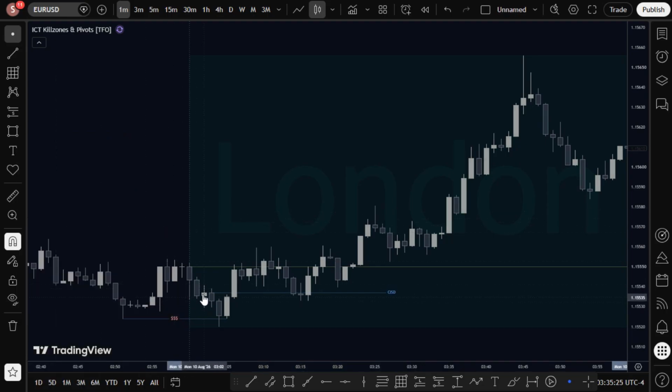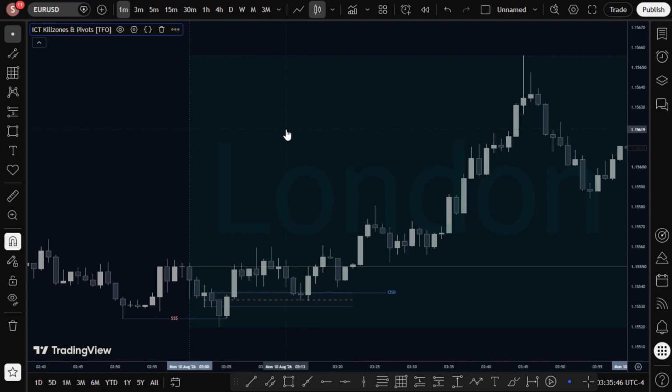This is our breaker. The last up candle. You can decide to mark it from here. I always mark mine from here. The last up candle before the sweep of liquidity is your breaker. And the last down candle before the sweep of liquidity when selling is your breaker.